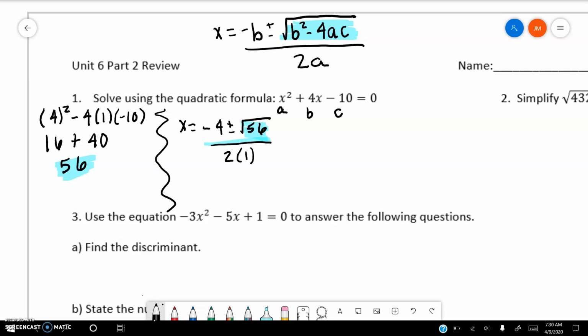Now the square root of 56 breaks down, so that's something that you want to check on all of these. Off to the side somewhere, just go ahead and break down the square root of 56, and you want to look at that list of perfect squares and see which is the biggest one that goes into 56.